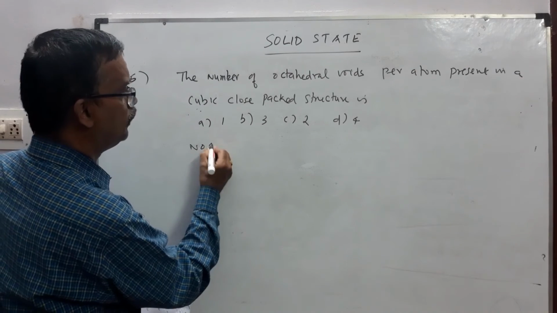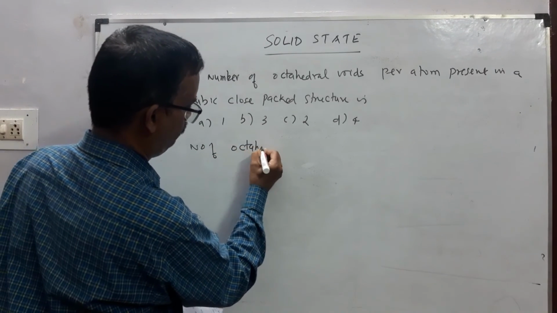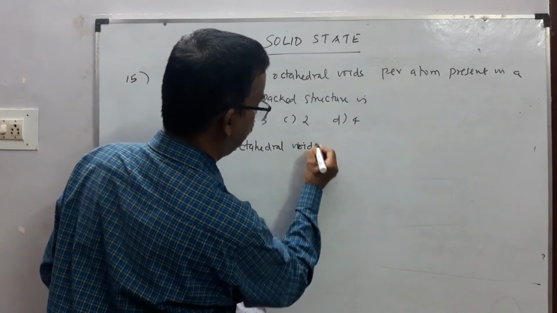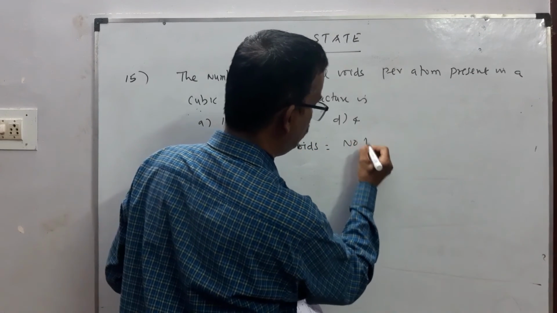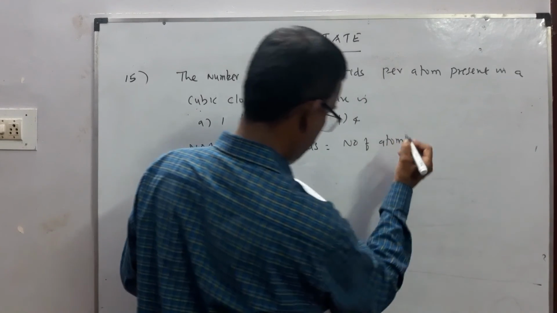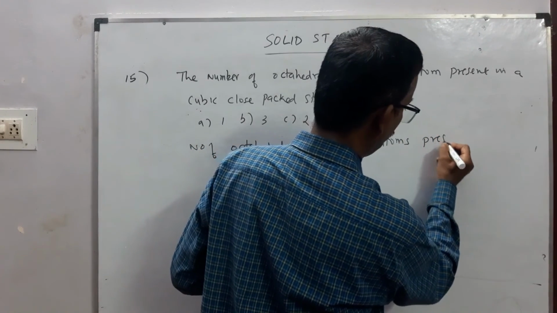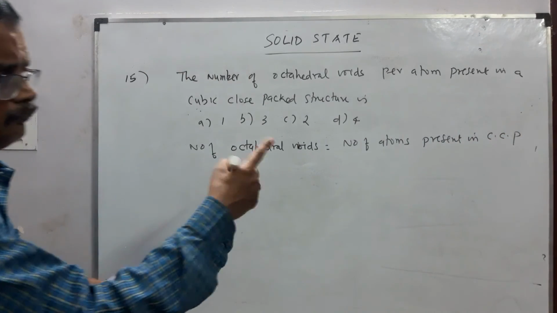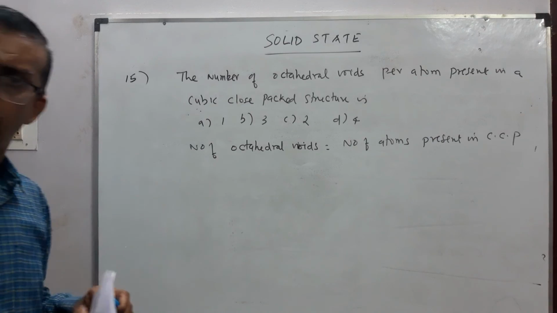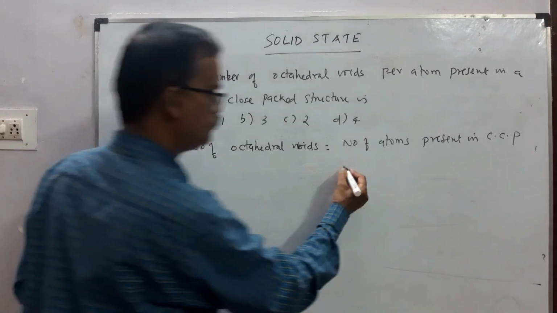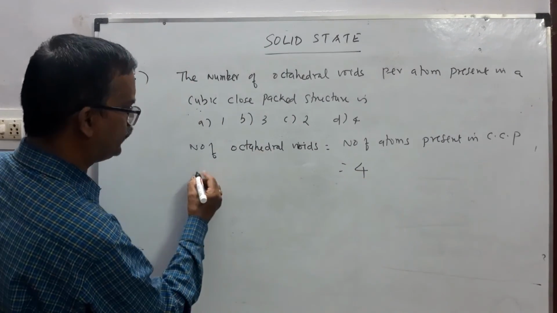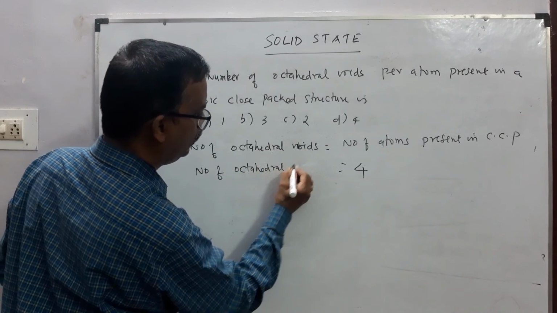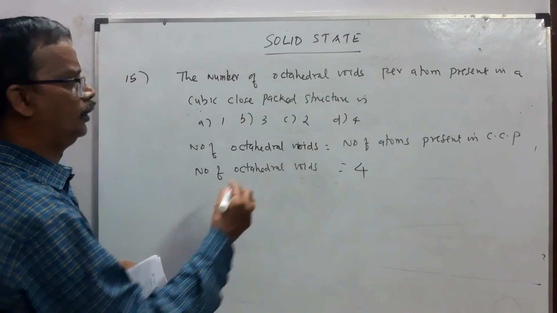The number of atoms present in a cubic close packed structure is 4. So the number of octahedral voids is also 4.